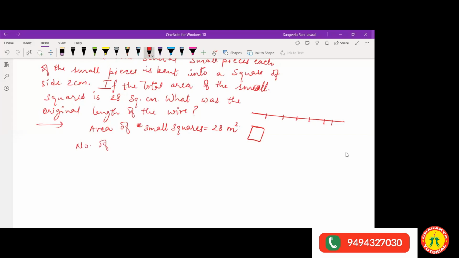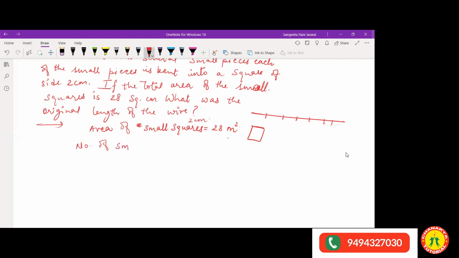How many were the pieces? Each square piece is like this, each square side is 2 centimeters. So total area of small squares is 28 centimeter square, given. Ma'am, is the answer 6 centimeter square?